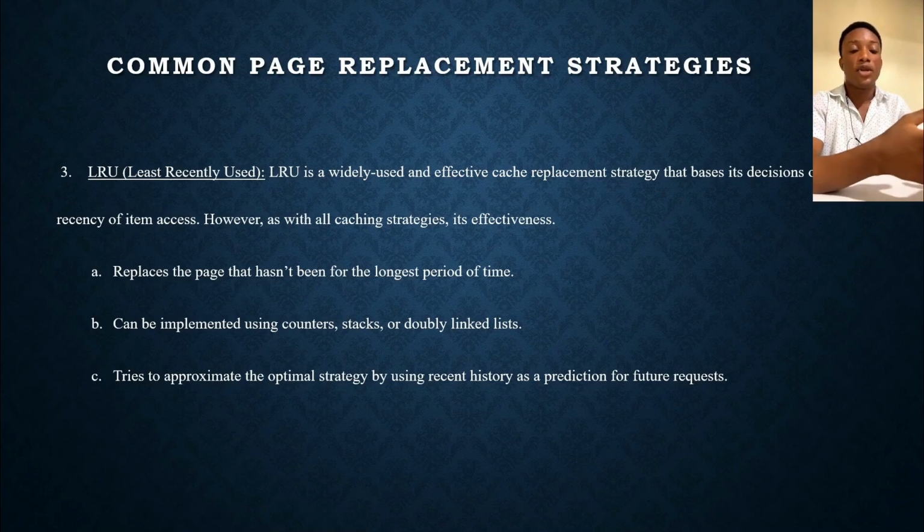A. It replaces the page that hasn't been used for the longest period of time. B. It can be implemented using counters, stacks, or doubly linked lists. C. It tries to approximate the optimal strategy by using recent history as a prediction for future requests.